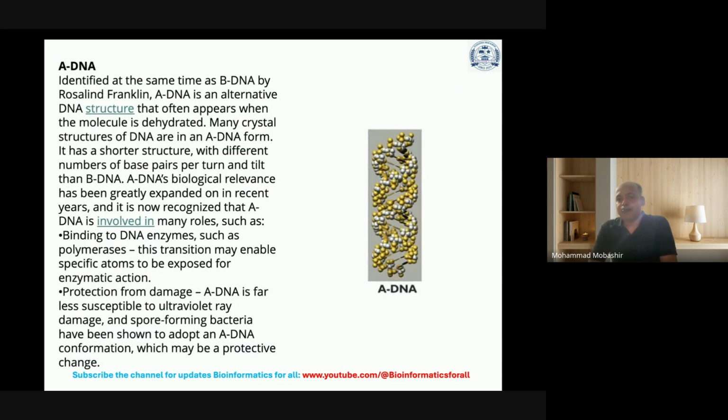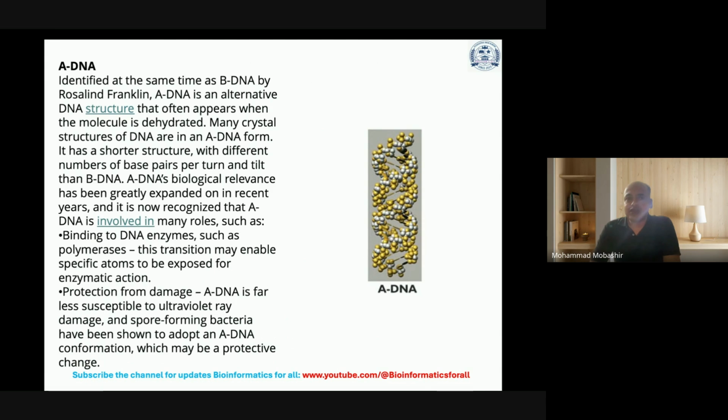So ADNA, you can see in general the structure is somewhat like this, identified at the same time as BDNA, and ADNA is an alternative DNA structure that often appears when the molecule is dehydrated. Many crystal structures of DNA are in the form of ADNA. It has a shorter structure with different numbers of base pairs per turn and tilt than BDNA.